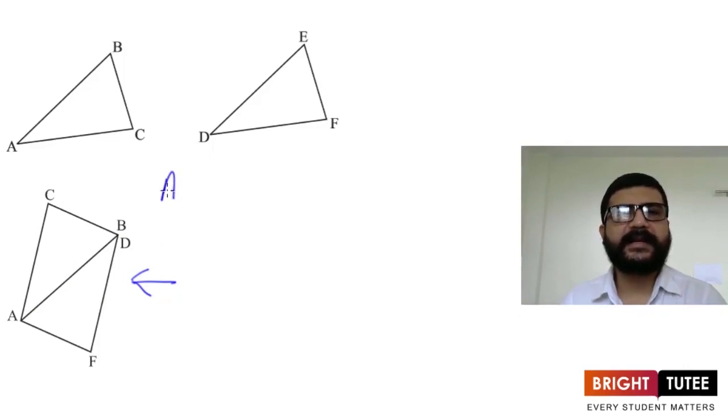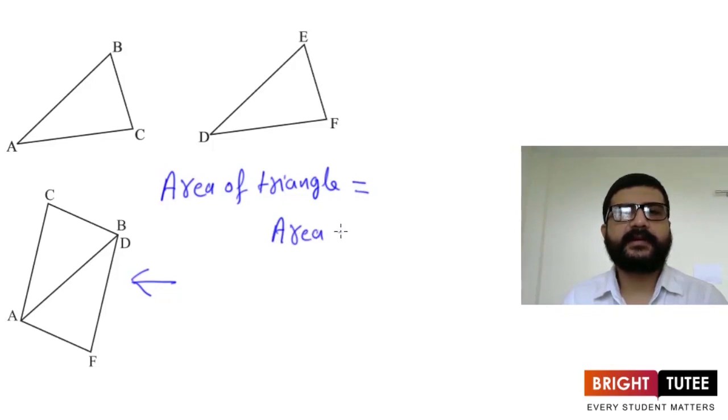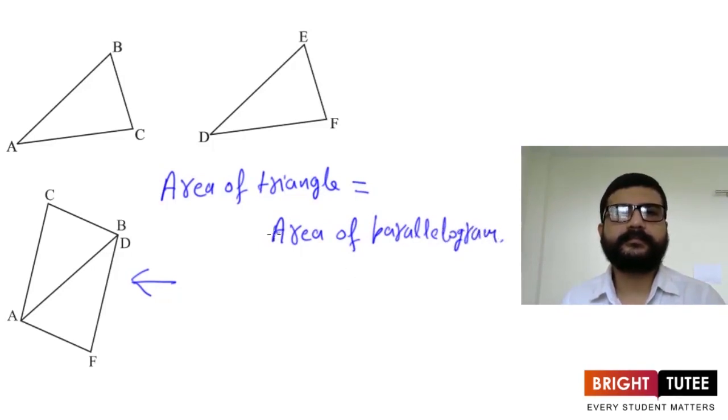So therefore we can write area of triangle is equal to half of the area of parallelogram.